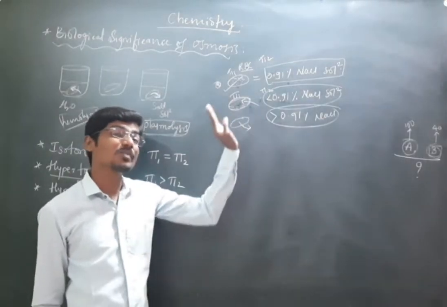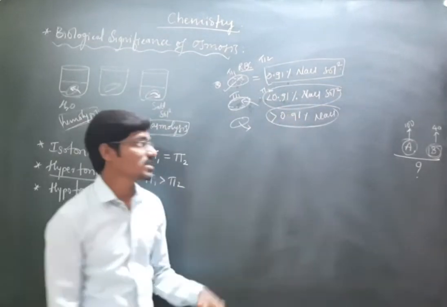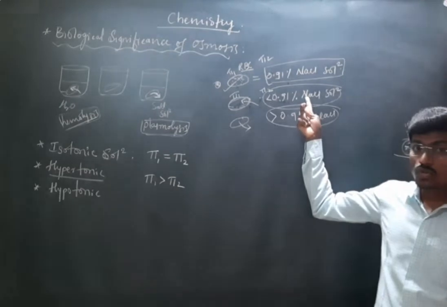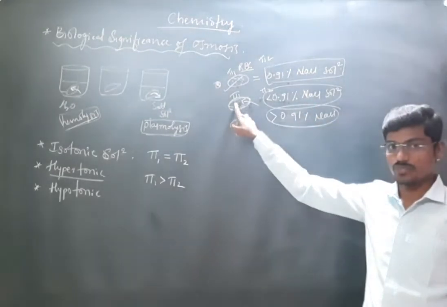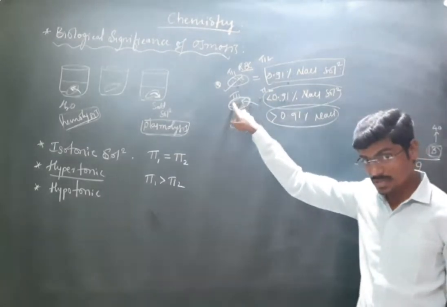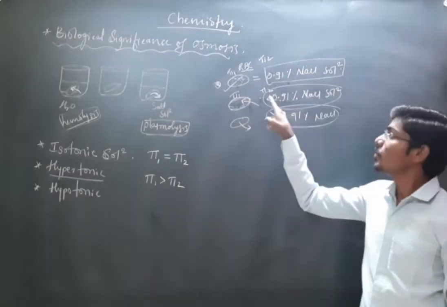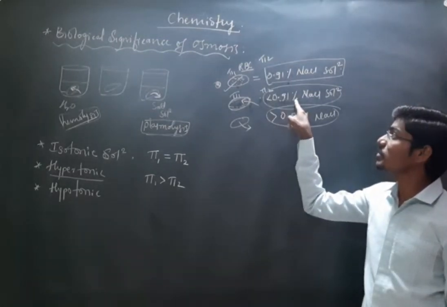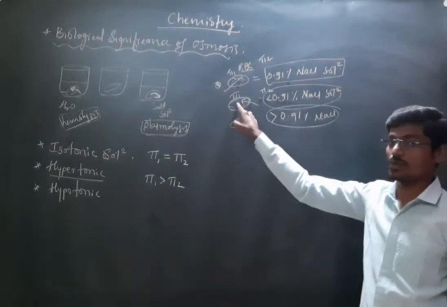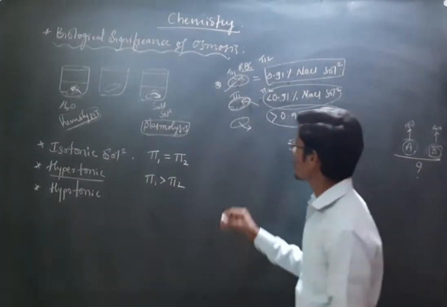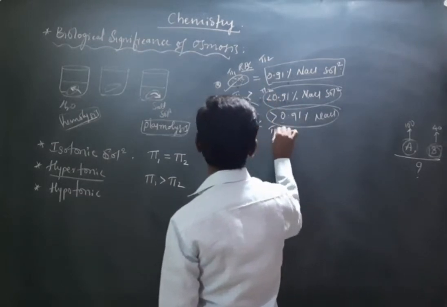RBC is hypertonic with this solution, or else I can say the NaCl solution is hypotonic with RBC. With respect to RBC, a solution less than 0.91% NaCl is hypotonic with it.